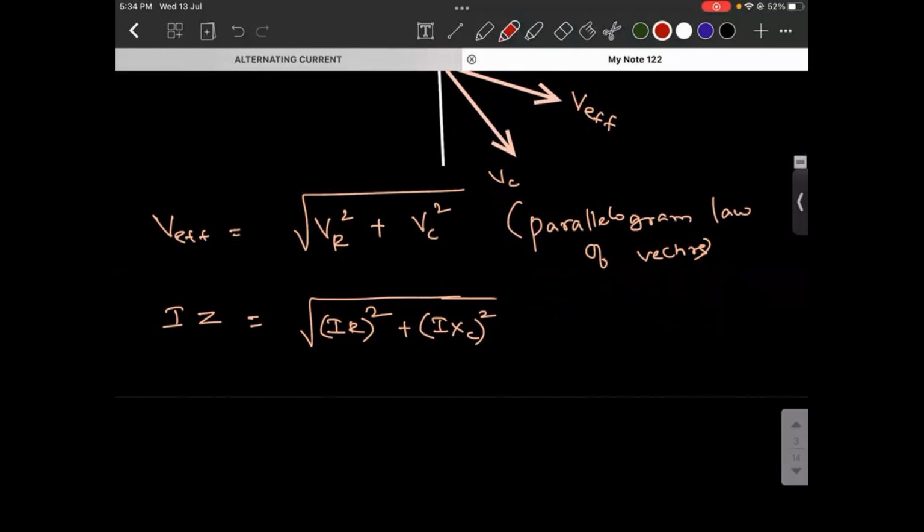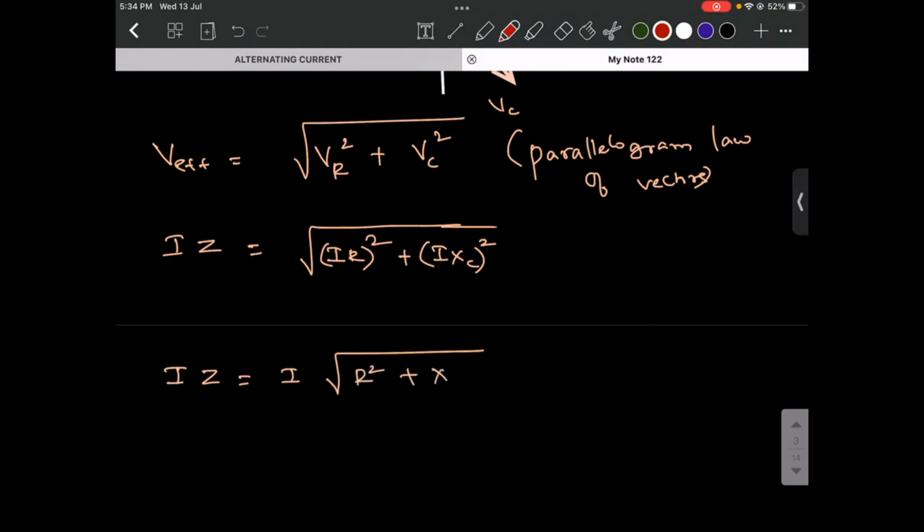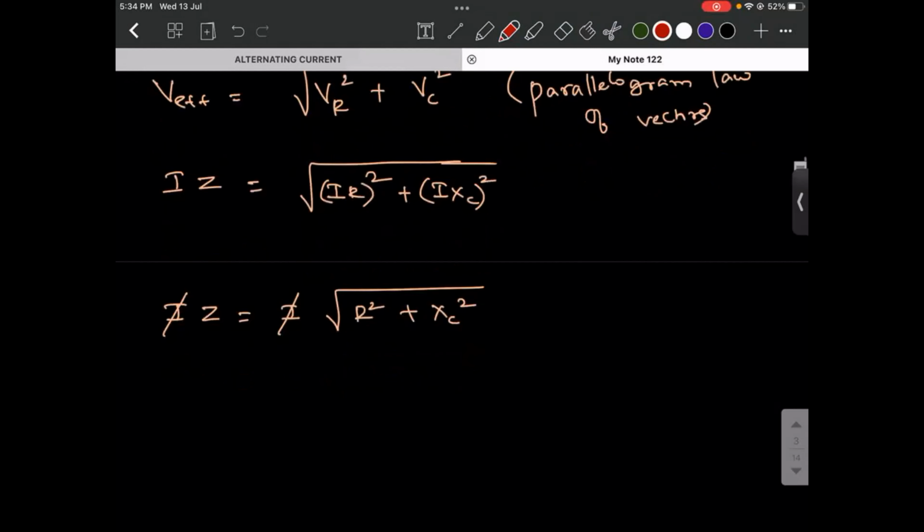Did you understand what I did? VR is equal to IR, VC is equal to I into its equivalent resistance, that is XC. Okay. So IZ will be equal to I into root of R square plus XC square. I and I will get cancelled. From this, what can I say? Z will be equal to square root of R square plus XC square.